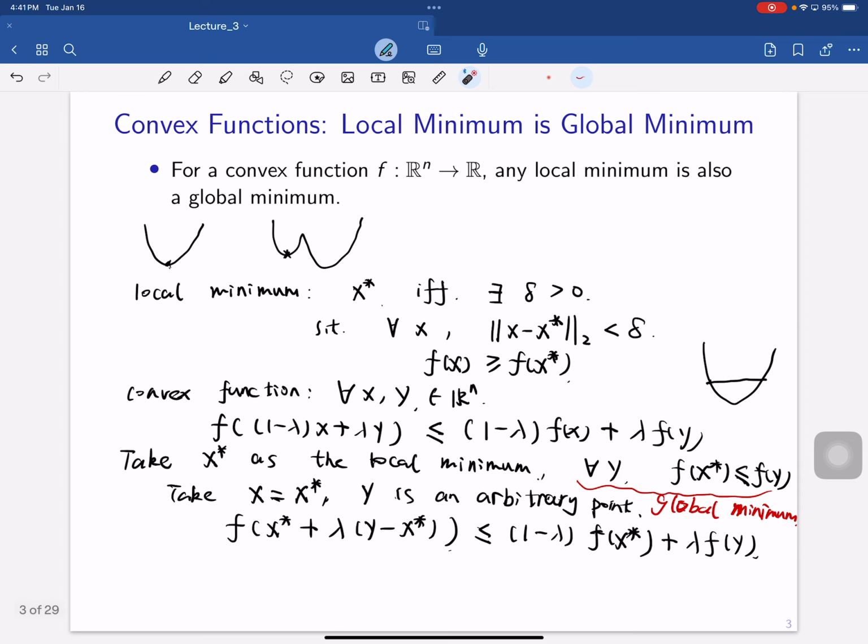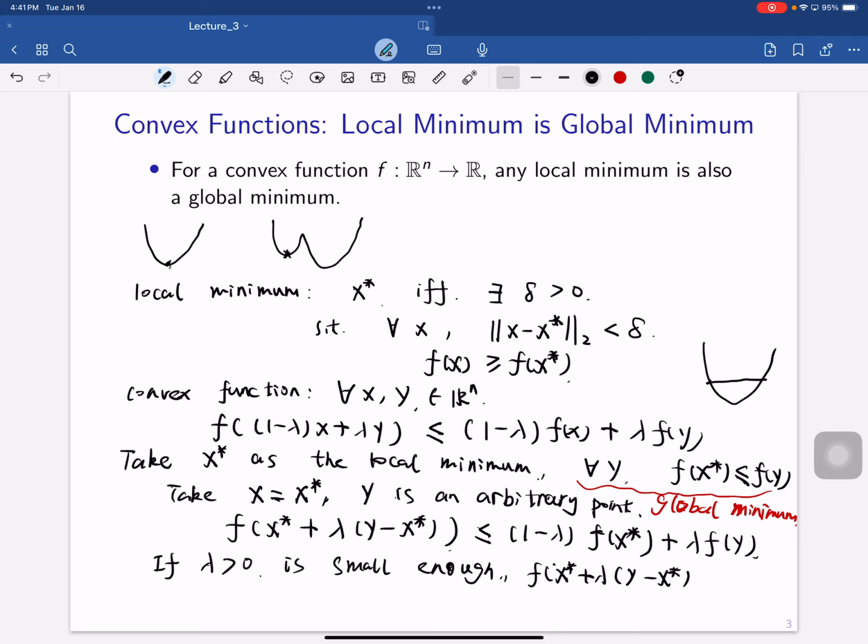Okay, say that again. So if lambda greater than 0 is small enough, then we have this greater than or equal to f of x star.